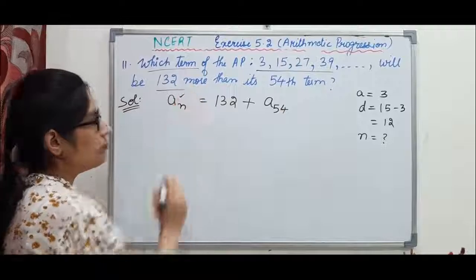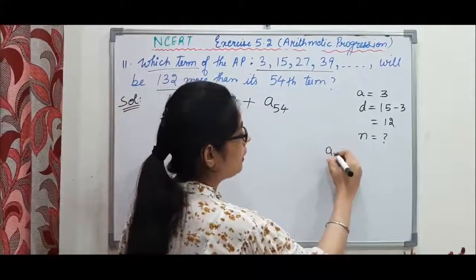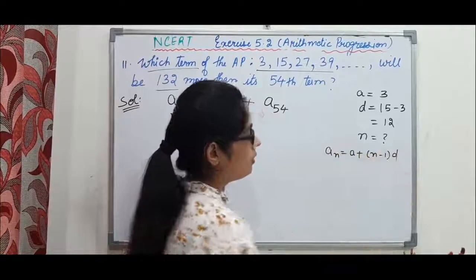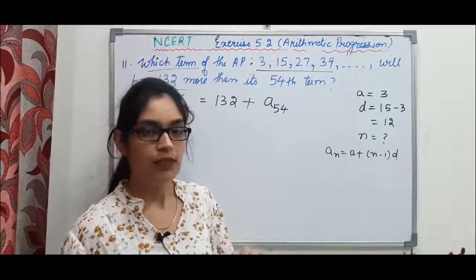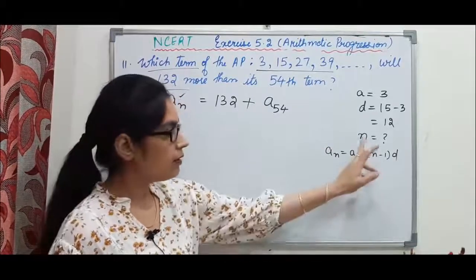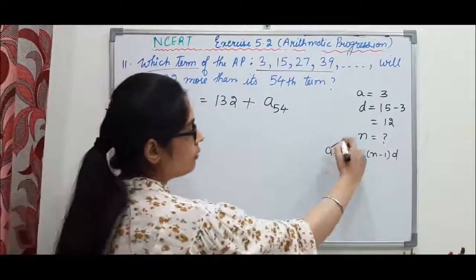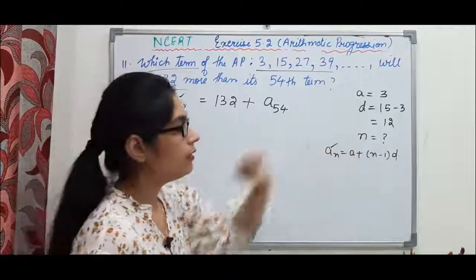First of all, if we find an, then we can use this formula: an is equal to a plus n minus 1 d. We can use this formula to find the value of n, because at the end what we have to find is n. So the value of an we can find, then we will make use of an and find n.